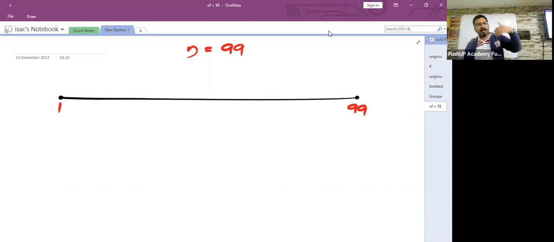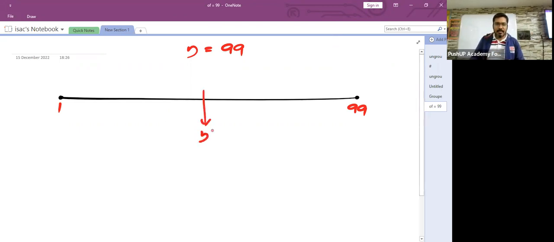So children, I highly appreciate both the categories of students. I just wanted to tell you something, children. It's just a matter of imagination to tell me what is the number which comes exactly in the middle of 1 to 99. Because you need the number 50 over here, so that towards the left of 50, the number of numbers will be 49, which are 1 to 49.